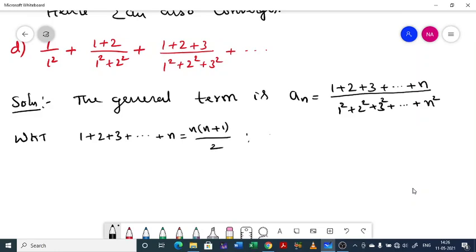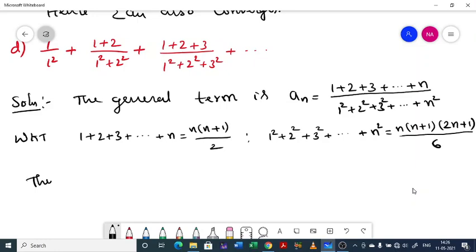Similarly, 1 square plus 2 square plus 3 square plus and so on plus n square equal to n into n plus 1 into 2n plus 1 divided by 6. So these formulas you have to use explicitly.